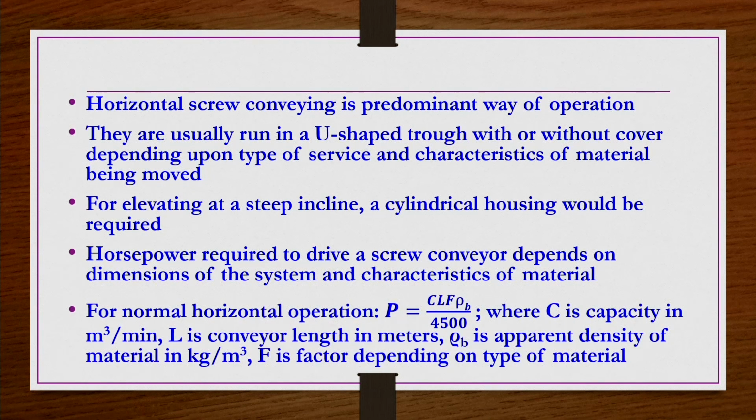For a normal horizontal operation, the power requirement P is given as CLFρB divided by 4500, where C is the capacity in meter cube per minute, L is the conveyor length in meters, ρB is the apparent density of the material in kg per meter cube, and F is a factor that depends on the type of material, available in standard textbooks.